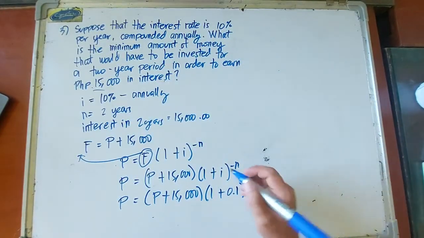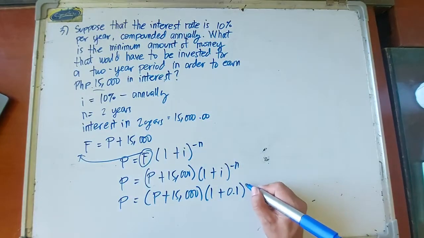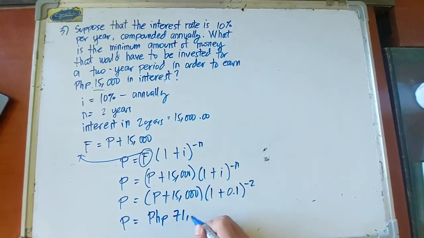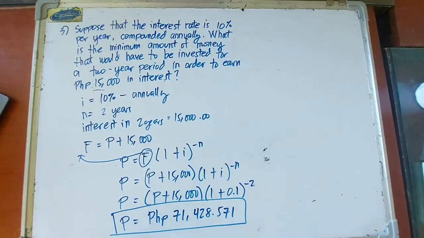So the present worth or the principal, our initial investment should be 71,428.571. So ito yung i-invest natin initially so that after 2 years meron tayong kikitain na 15,000 in interest at 10% rate of interest annually.